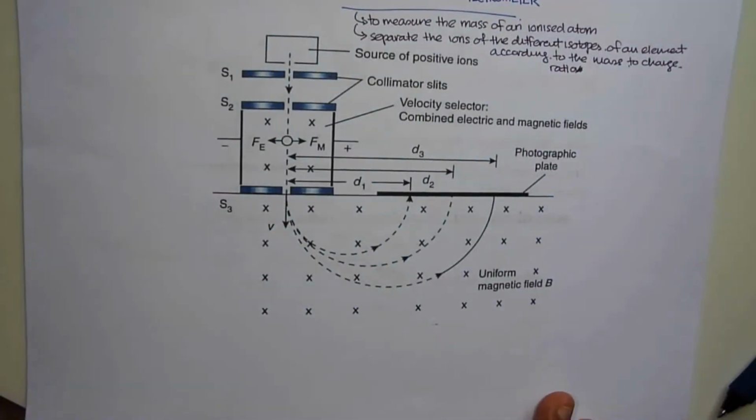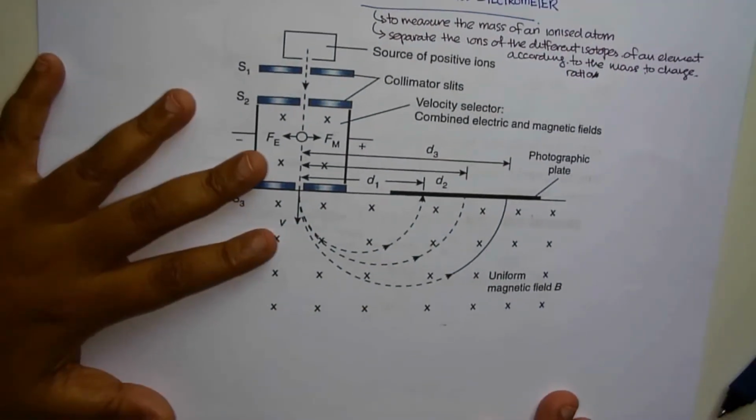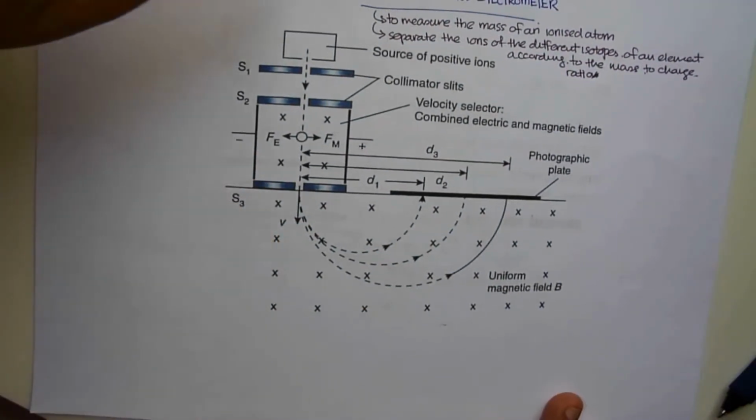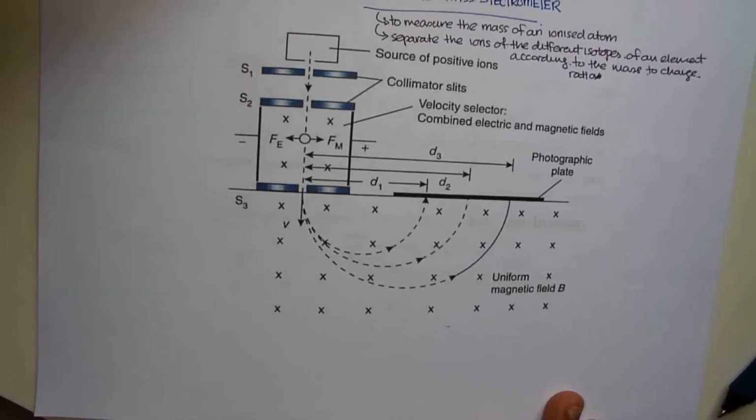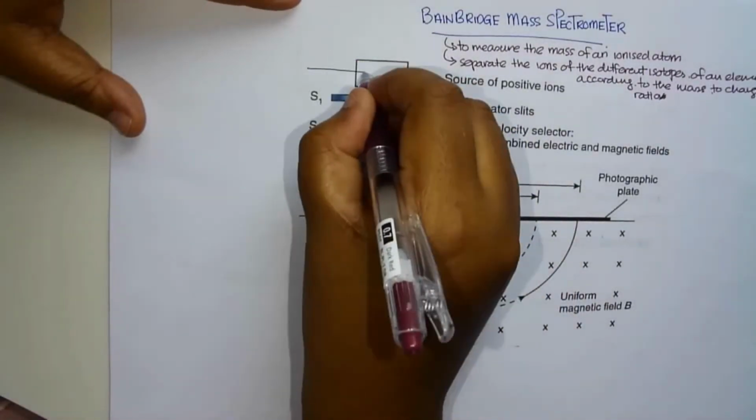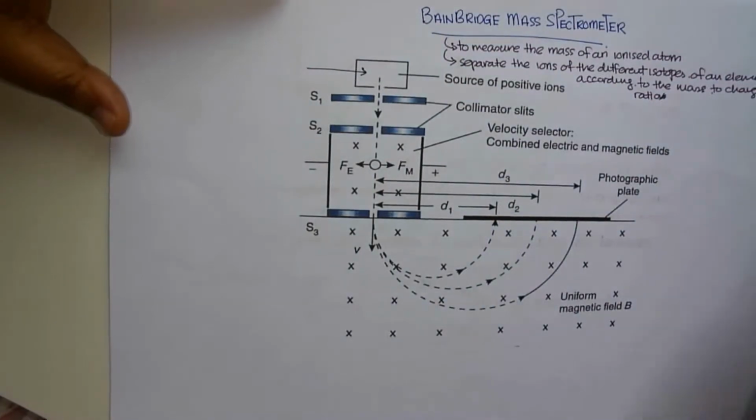Here we have a Bainbridge mass spectrometer. Here we have a source of positive ions. This is called an ionization chamber.